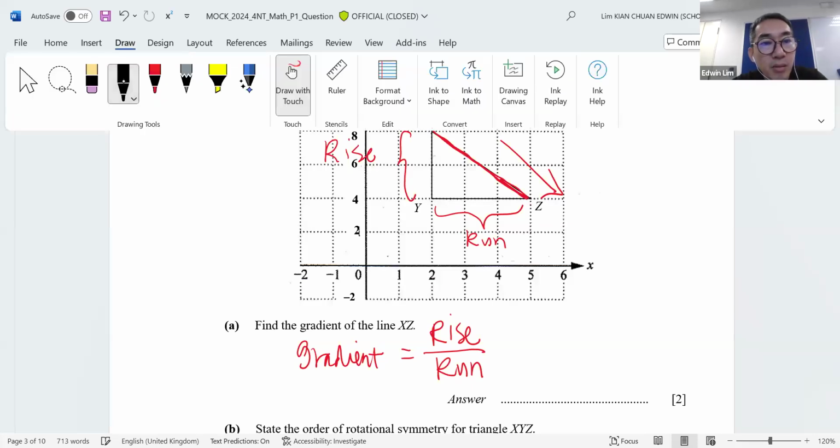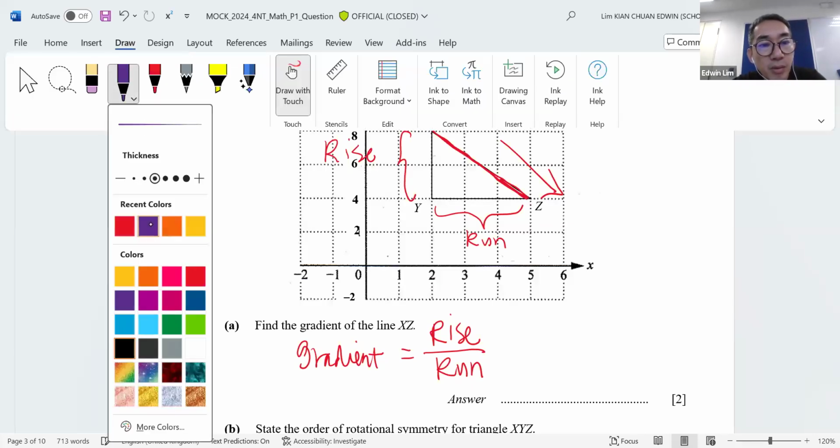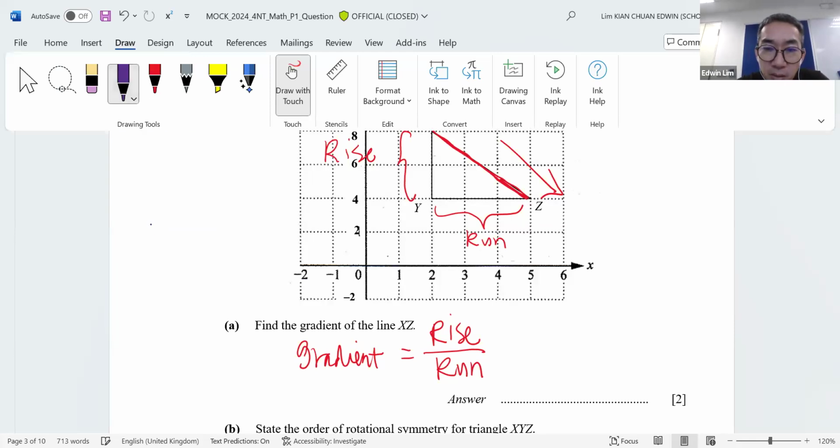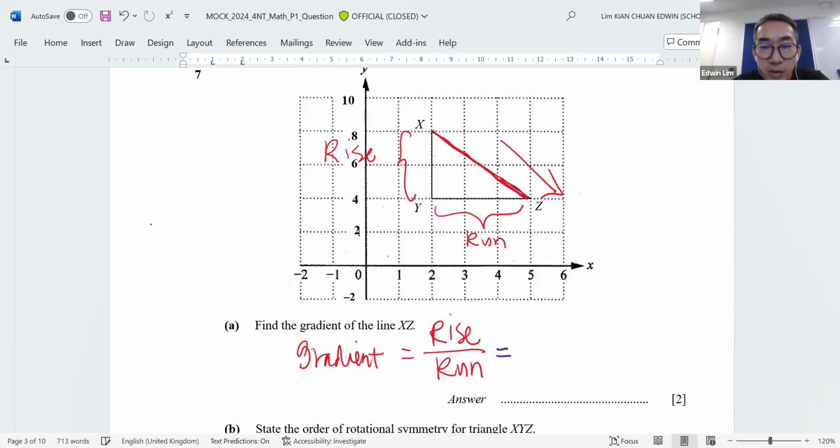My rise is, all right, if you look at it, it's 8 minus 4, which is equal to 4. But is it 4? Is it rising? No. If you look at the line, XZ is actually going down. It's the opposite of rising. So it needs to be negative.